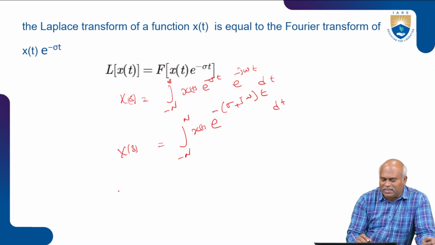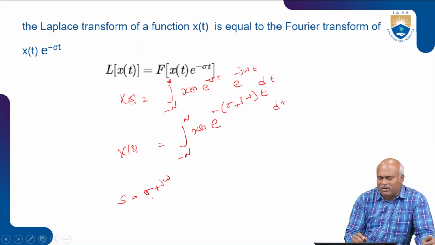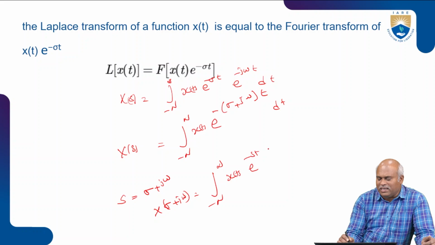As per the basic definition, we took s equal to sigma plus j omega. So instead of that, we write X(sigma plus j omega) equal to the integration from minus infinity to plus infinity of x(t) e^(-st) dt.